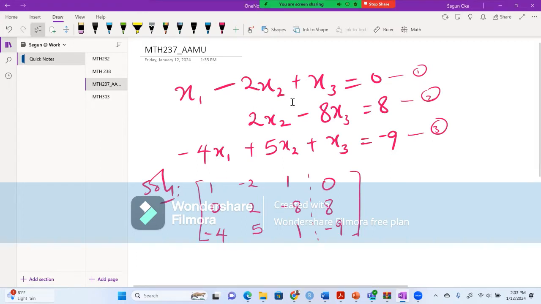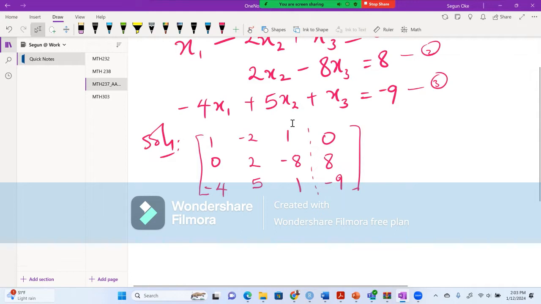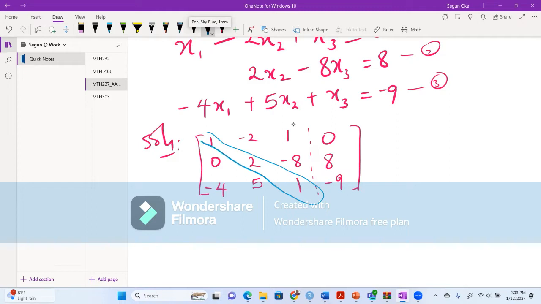So the first thing we need to do is work towards reducing. Remember, our target is to make this particular entry 1, so the upper triangle can be 0 and the lower triangle also can be 0.